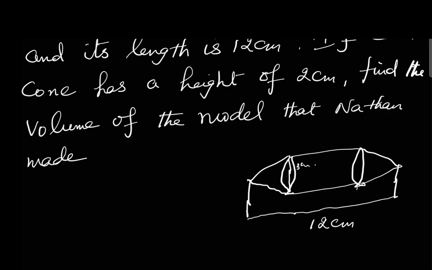And the cone has a height of 2 cm. The height of the cone is here 2 cm, and also here the height of the cone is 2 cm. So what about the height of the cylinder? Here 2, here 2, 4 goes. From 12 I subtract 4. So I will get 8 cm. So the height of the cylinder is 8 cm.